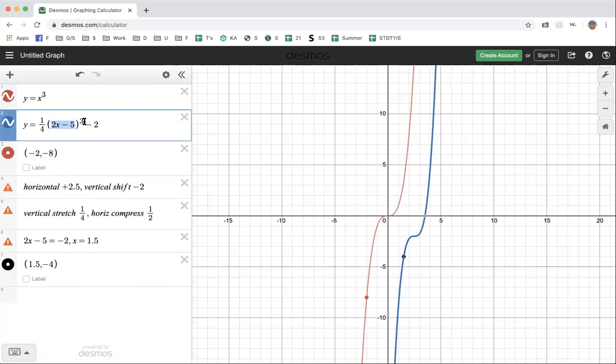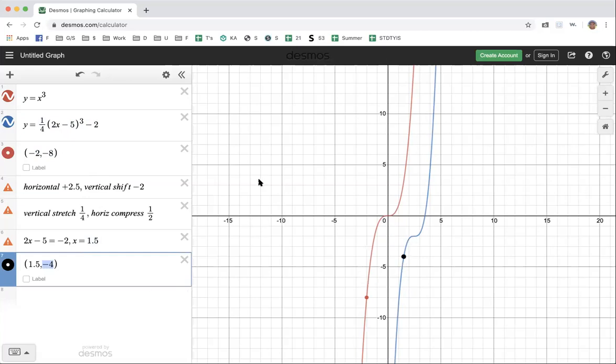So what I did was, the corresponding point would be where this equals -2. And then the corresponding y value would correspond to -8. So that equal to -2, we got x equals 1.5. When we put 1.5 in there, the output of this is -4.